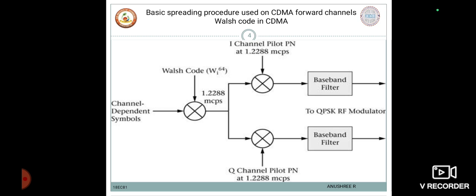The short pseudo noise spreading codes provide the CDMA system with the ability to differentiate between different base stations transmitting on the same frequency. The same short PN code sequence is used by CDMA base stations. However, for each base station, the PN sequence is offset from the sequences used by other area base stations.